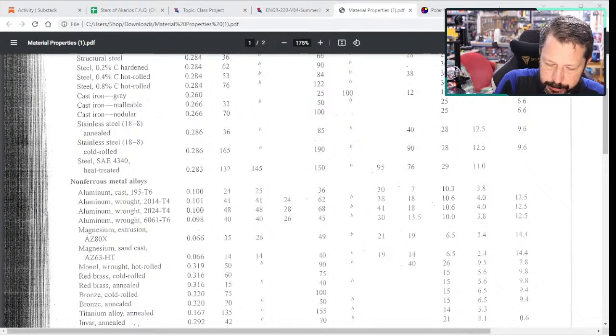Let's do our blue section here, or cyan. So there's the yellow piece. Here's our cyan piece.